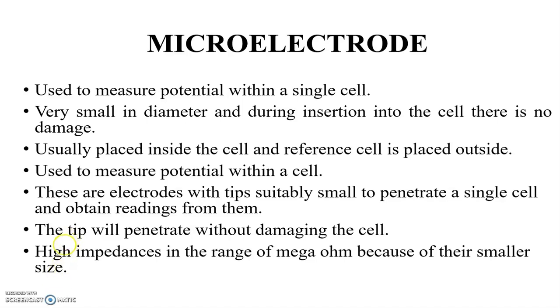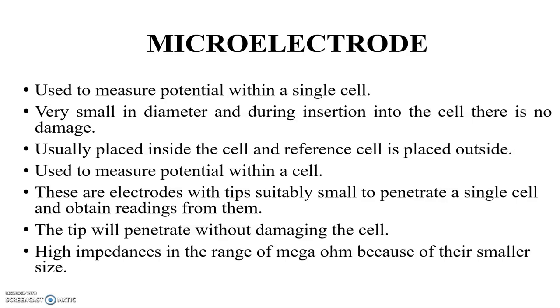Microelectrodes are used to measure the potential within a single cell. They are very small in diameter, and during insertion into the cell there is no damage. The microelectrode is usually placed inside the cell and the reference electrode is placed outside the cell.